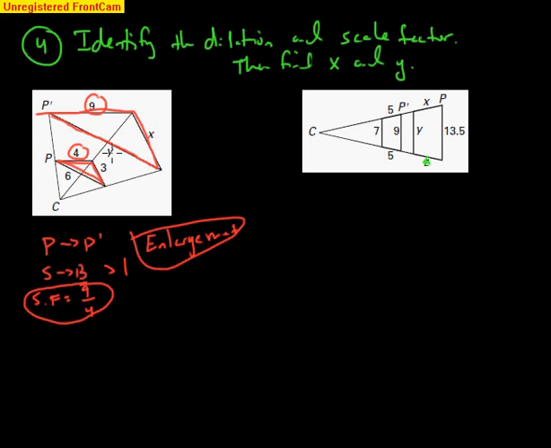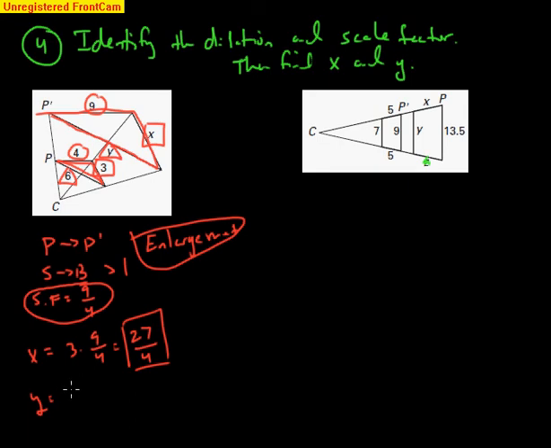X and y are in the new image. Okay? The image. So to find x, we take its corresponding side. X corresponds with 3. We take 3 and multiply it by the 9/4 to get 27 over 4. And there's our value of x. Y is here, the bottom side. It corresponds with this 6.